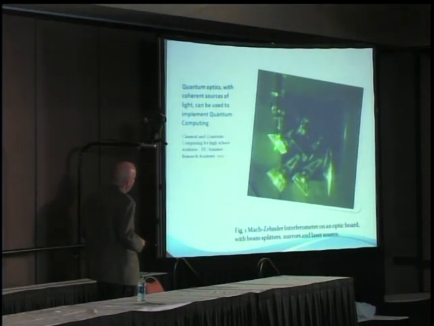The beam is split, one goes this way, reflected by a mirror, then passes through another beam splitter, and then on the other hand you have the other beam going this way, split again, and for example you can take those beams split in, say, horizontal direction, which interfere at the level of the screen.